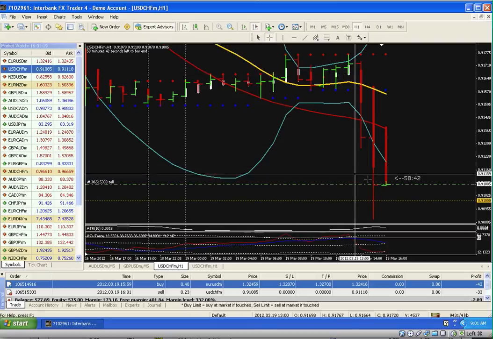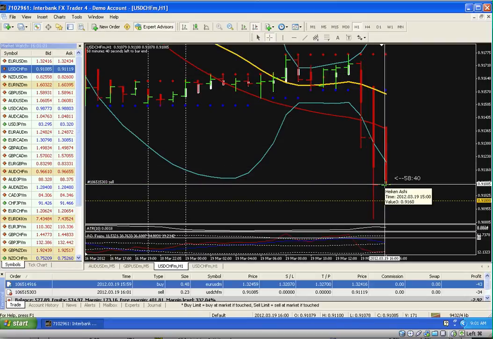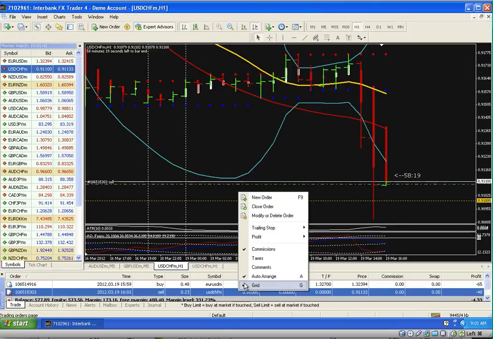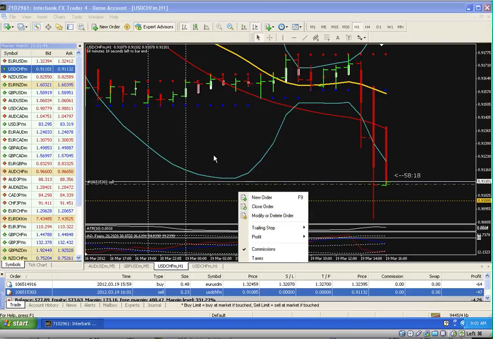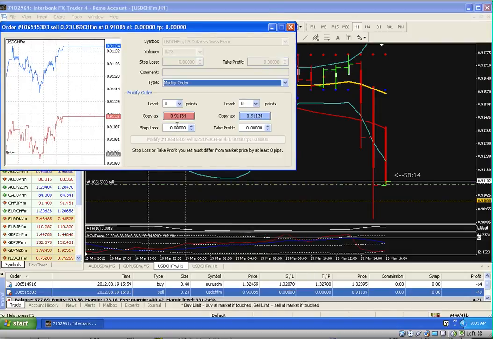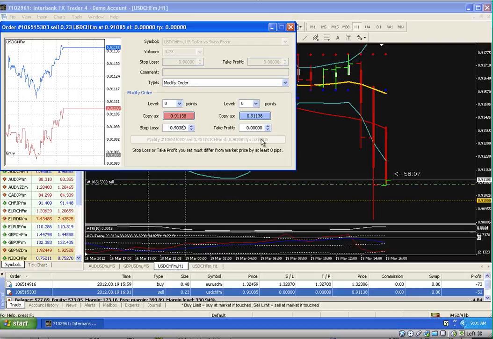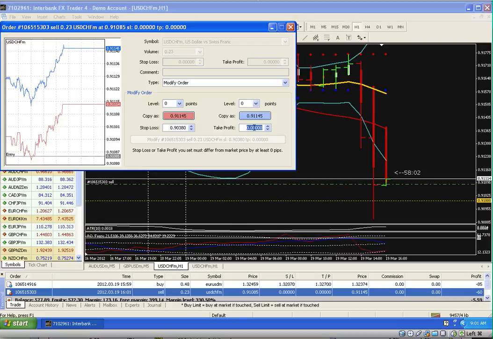Let's see. So the stop loss was 28 and 2 is 30. So that's going to bring us to right about here, 91.38. And we're looking for 18. So that's 90.38, and 90.90.